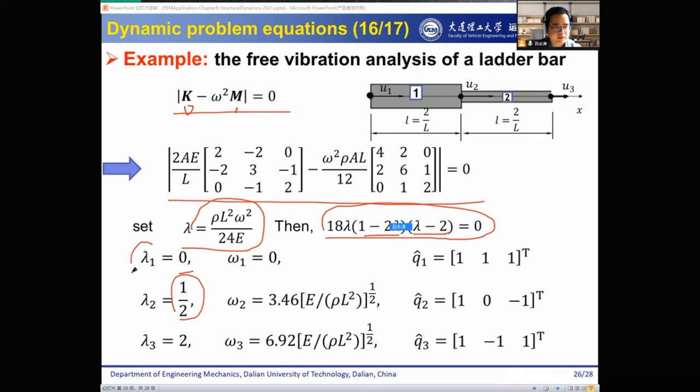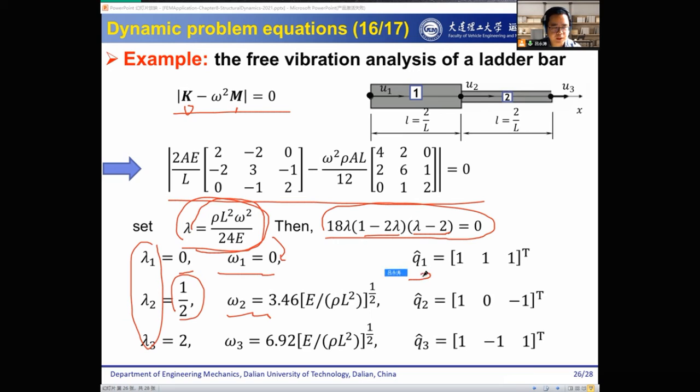Okay. We said this is the eigenvalue, and then omega is the frequency. We use this equation to solve for omega: omega 1, omega 2, omega 3. Then we go back to the equation and put all those values back in.